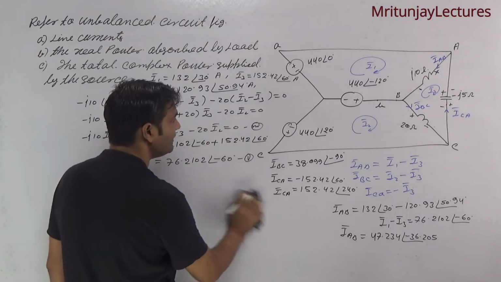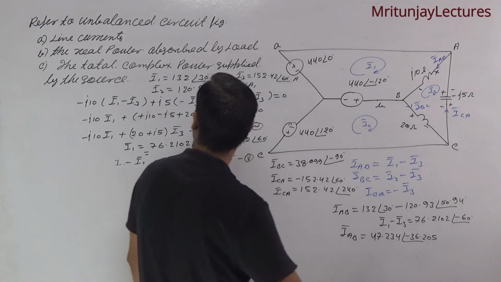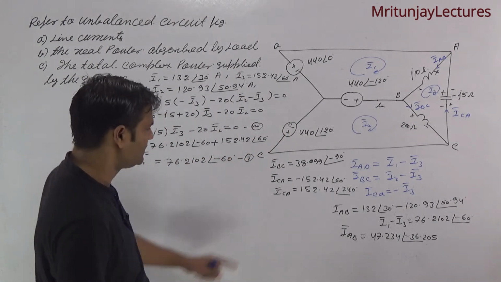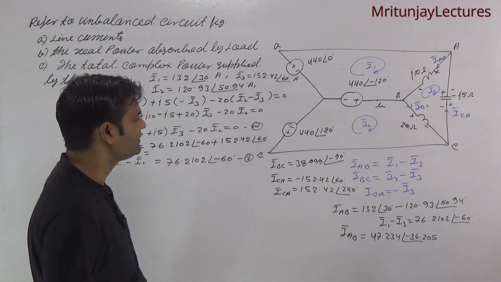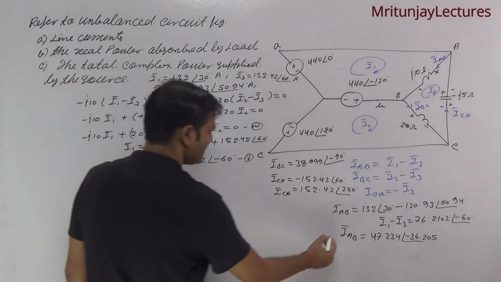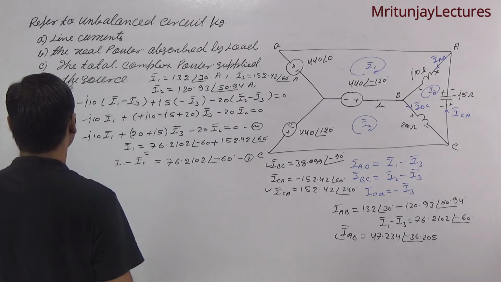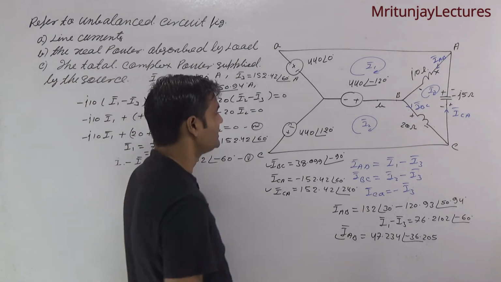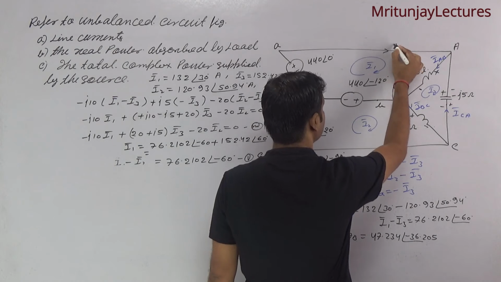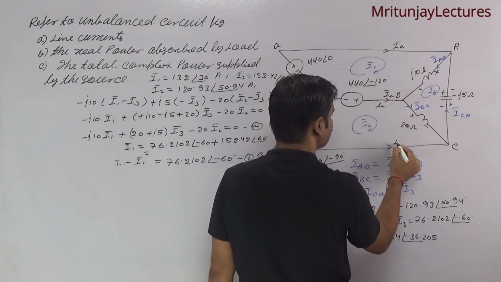So the phase currents in the delta unbalanced load, we got I of AB, I of BC, and I of CA like this. Now our motto is to determine the line current. Line current means IA, IB, and IC.